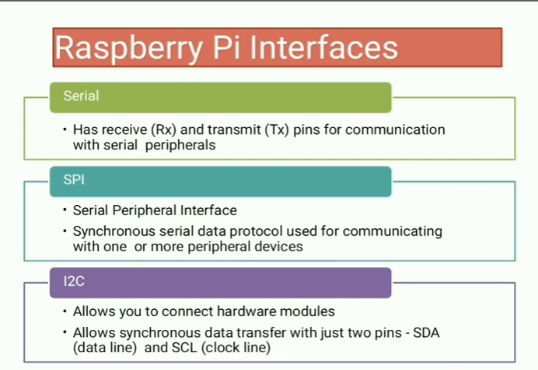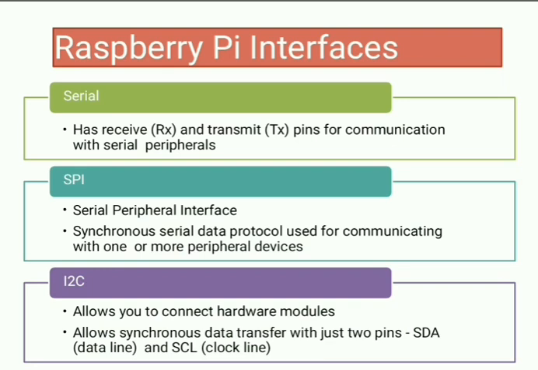Now the last interface of Raspberry Pi is I2C. The I2C interface pins on Raspberry Pi basically allow you to connect hardware modules. That means it is a two-wire interface which is used to connect devices like your microcontroller.